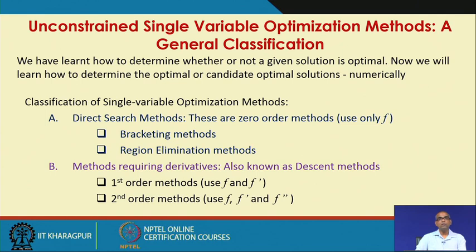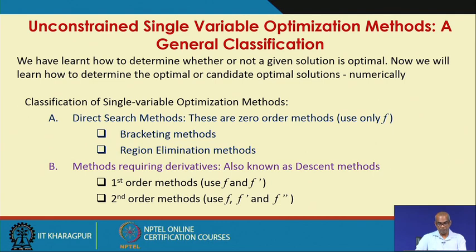There are two important classes of methods under direct search methods: bracketing methods and region elimination methods. Bracketing methods, as the name suggests, bracket the minimum or the optimum between an upper bound and a lower bound, and region elimination methods can be used to find this interval of uncertainty.